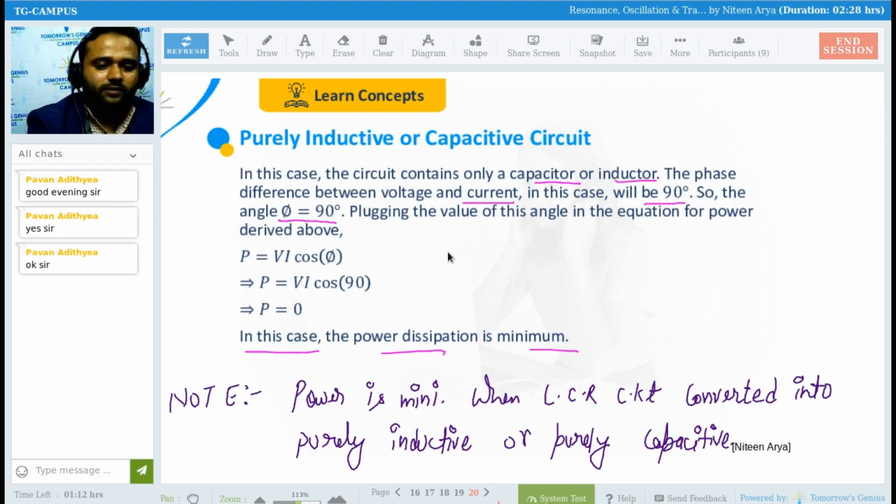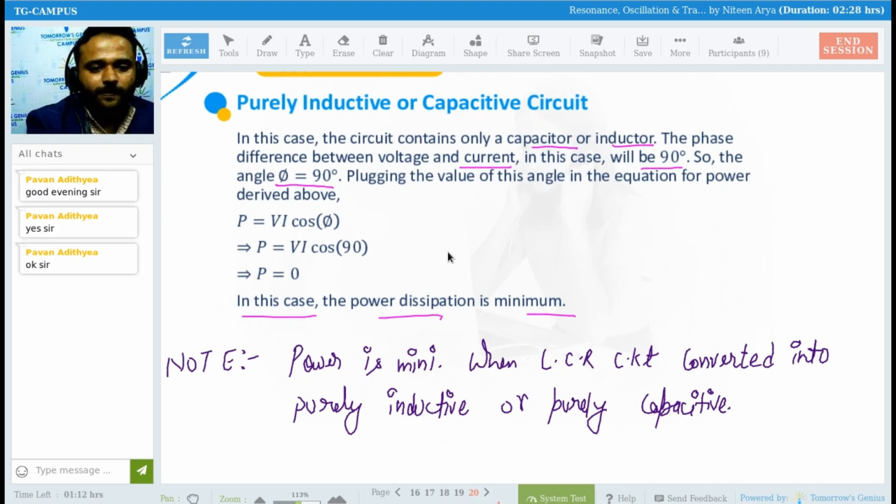Is this clear, everyone? Because in both cases, the phase angle phi is going to be 90 degrees. So this is one thing. Clear now, everyone? I don't need to repeat this.